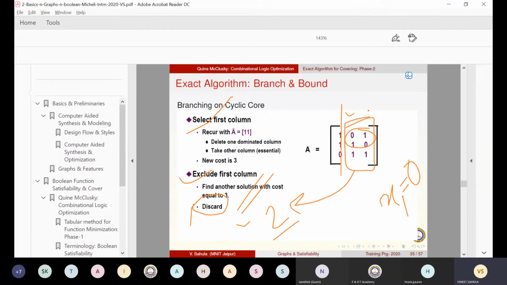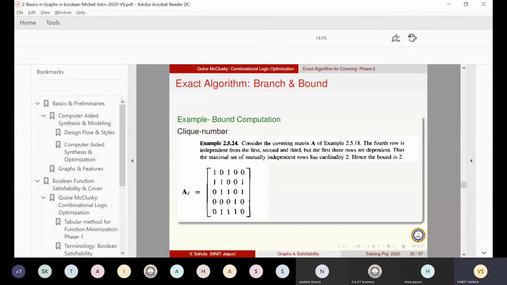So whether this is this case or this case, we discard it, right? Because the new cost found here is 3, and here the cost is also 3 because of 2 rows independence and 1 for bound addition 1. That way. Okay.